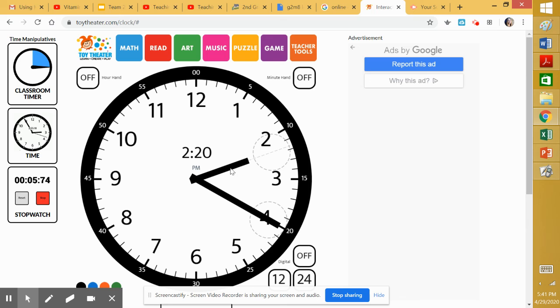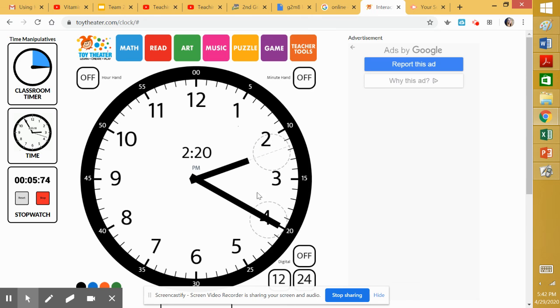Now, here we have a different time. Where's our hour hand? Right here. Remember, the short one is the hour hand. Is it on a number? No. It's between 2 numbers. It is past the 2, but it has not reached the 3, so we know we're still in that 2 o'clock hour.